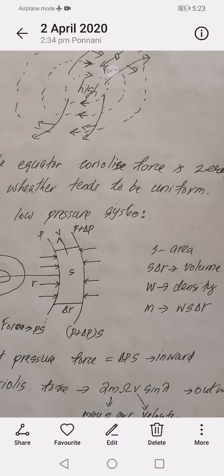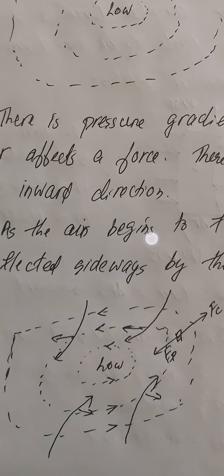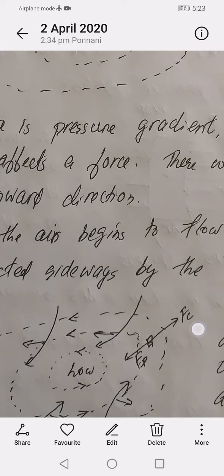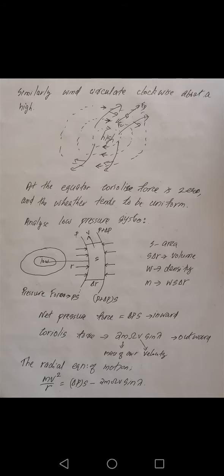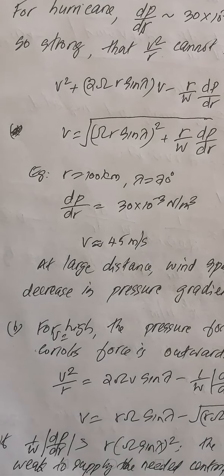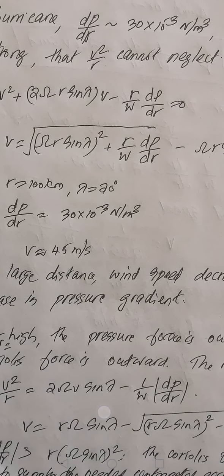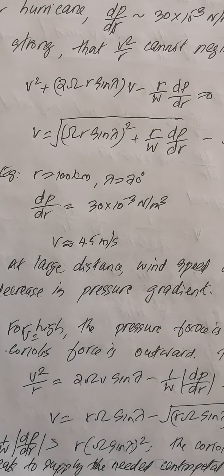Similarly, in low pressure system, the Coriolis force is outward and pressure force is inward. Here the radial equation will slightly change. So the radial equation becomes v square by r is equal to 2 omega v sin lambda minus 1 by w dp by dr.